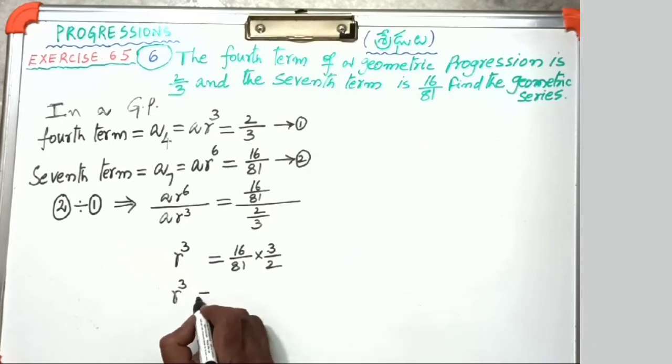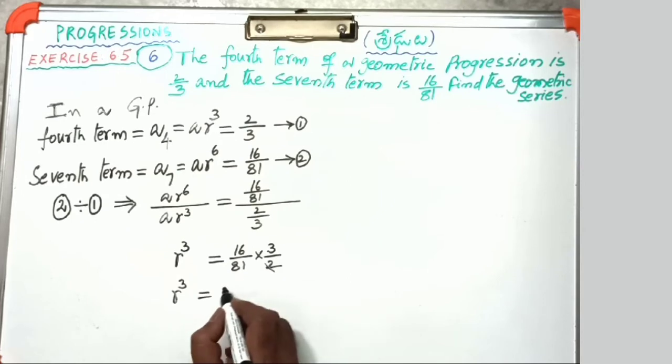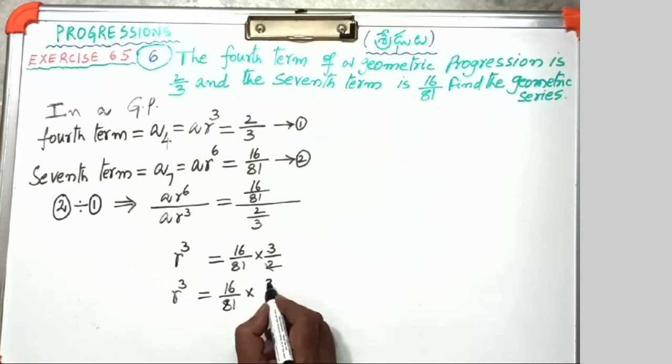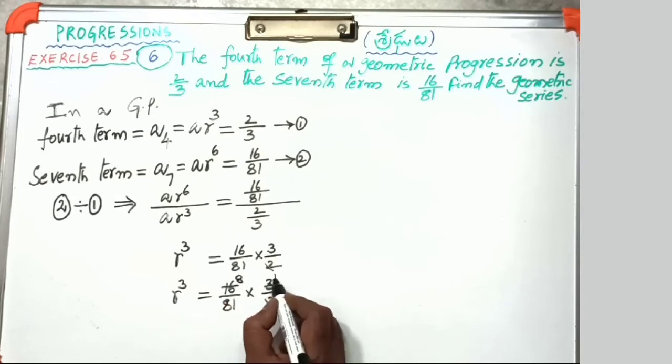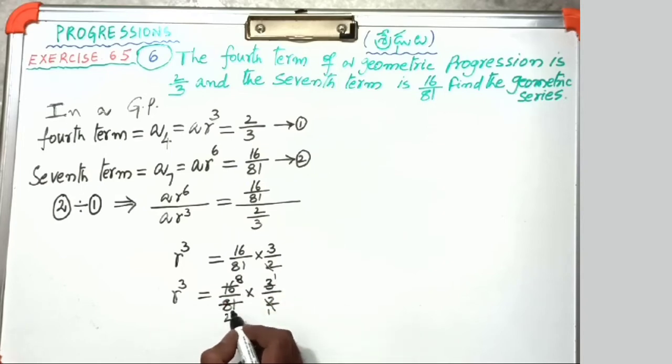Now cancel: 3 into 27 is 9 times, so R cube is equal to 8 by 27.